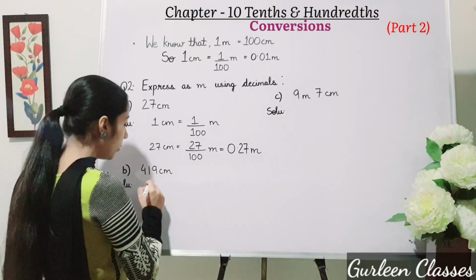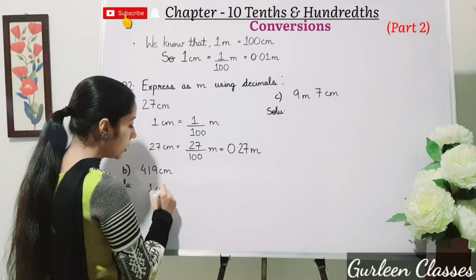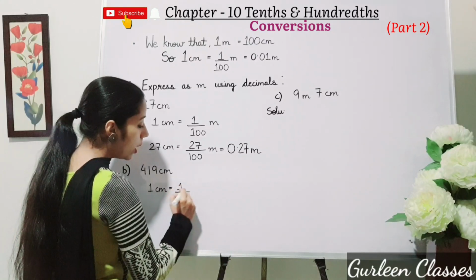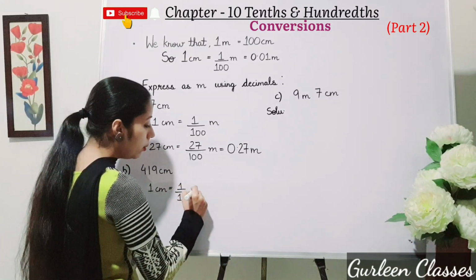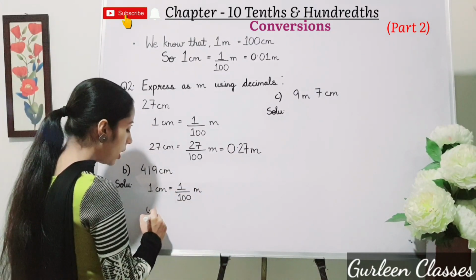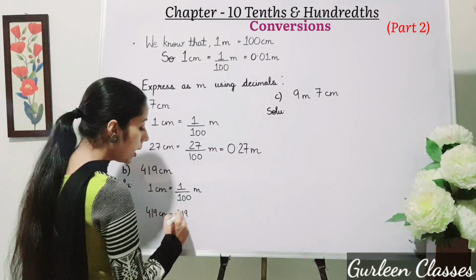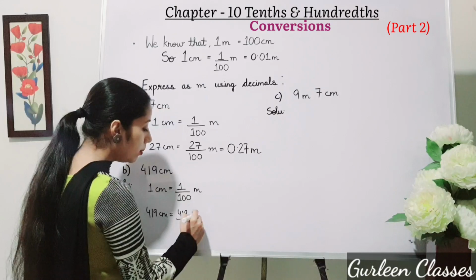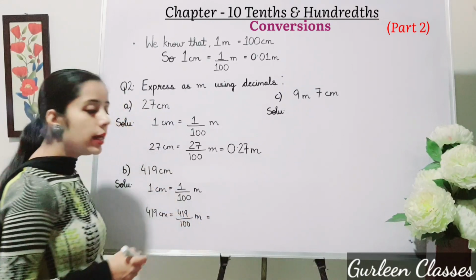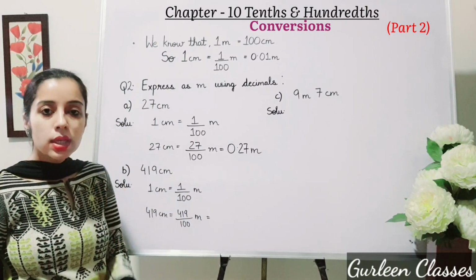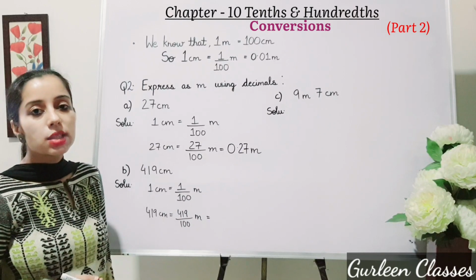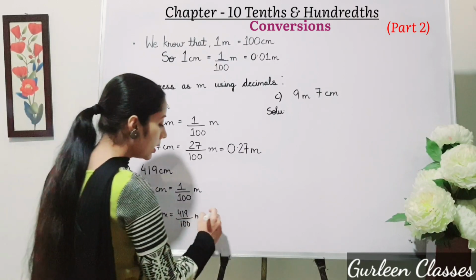Write the formula: 1 centimeter is equal to 1 upon 100 meter. 419 centimeter is equal to 419 upon 100 meter. In the denominator there are 2 zeros, so before 2 digits we will place a decimal point.